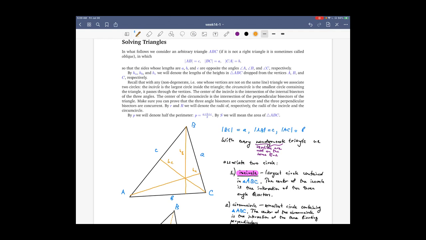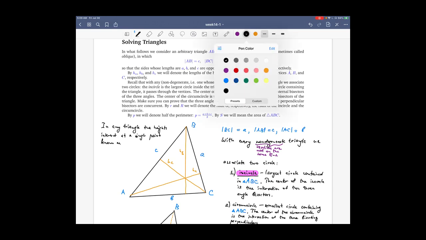Again, in any triangle, the heights intersect at a single point, known as the orthocenter.